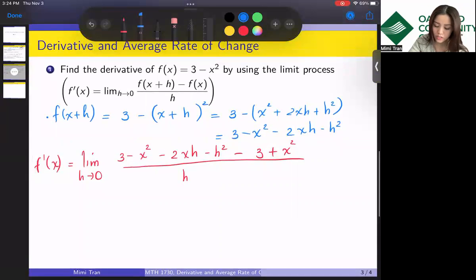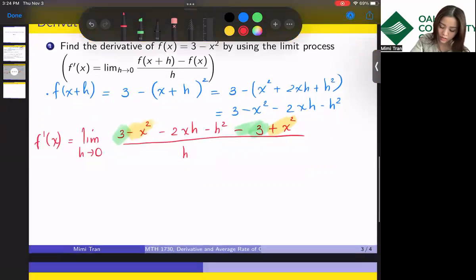We have some cancellation here to do. I see this one with this one. Also, the 3 and the minus 3, right? What's left over is minus 2xh minus h squared over h. I'm going to factor out that h.